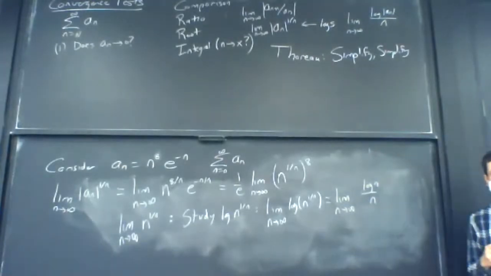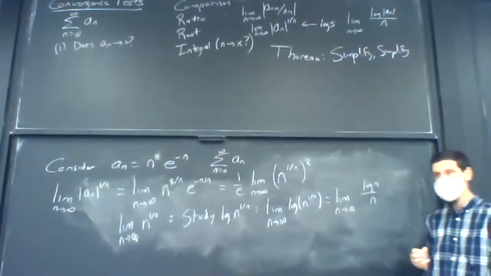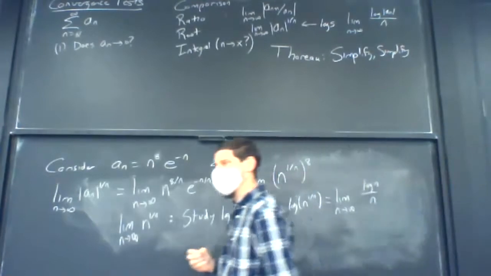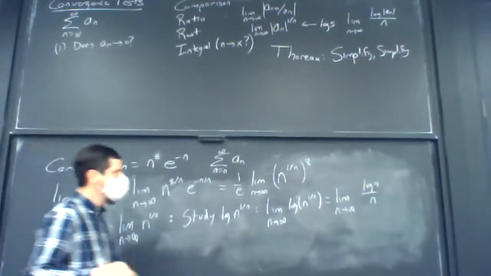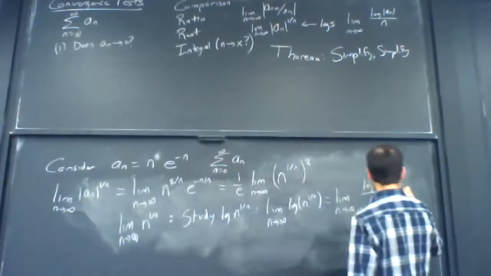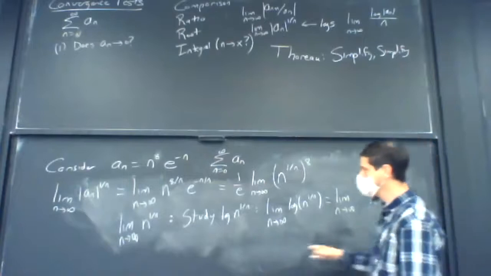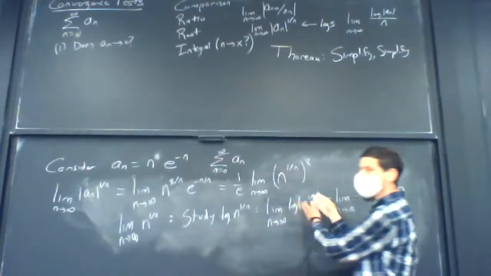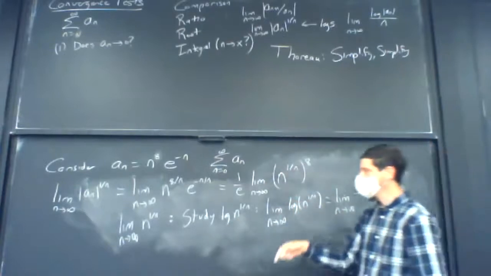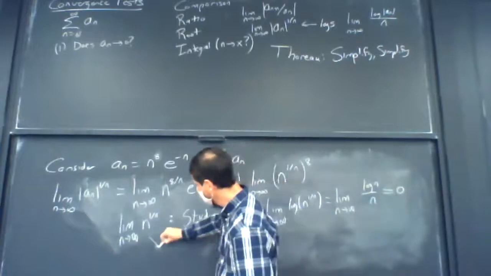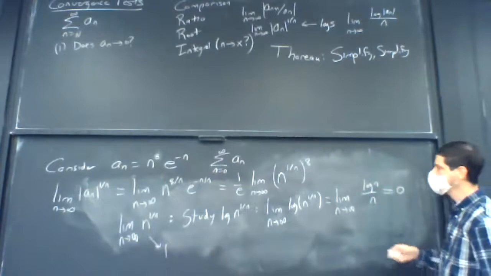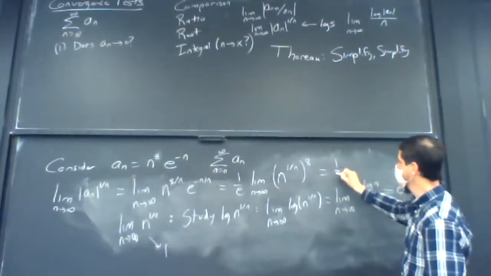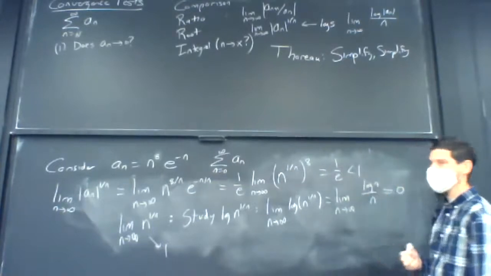And this is one of the limits we calculated: which goes faster, n or log n, as n goes to infinity? N. And so this is just going to be 0. Since the log goes to 0, the original quantity has to go to 1. And since that quantity goes to 1, it means we have 1 over e, and that's less than 1.